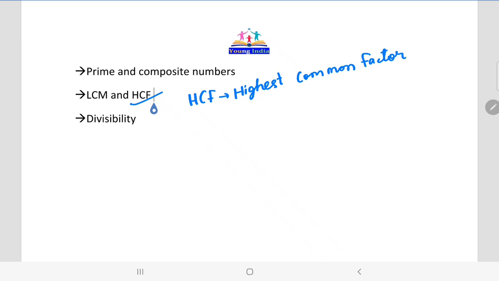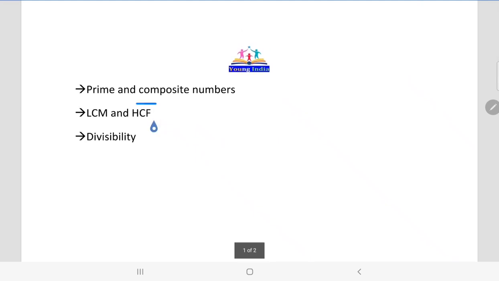I already told you what is meant by a factor. So, HCF is also known as GCD or GCM. This HCF is also known as GCM or GCD.